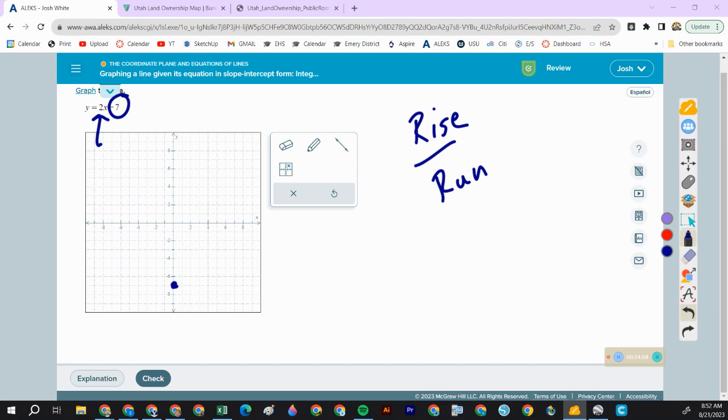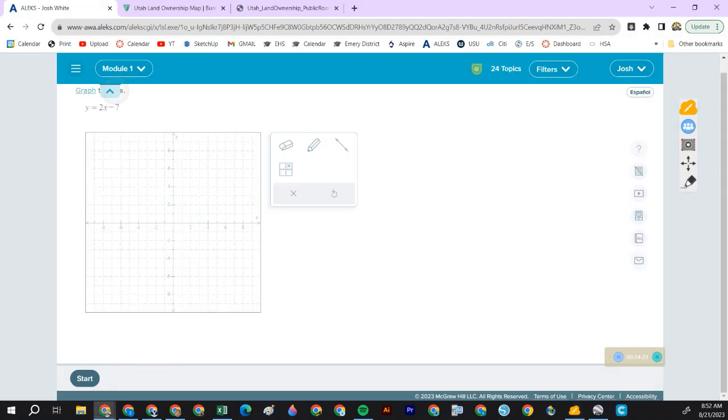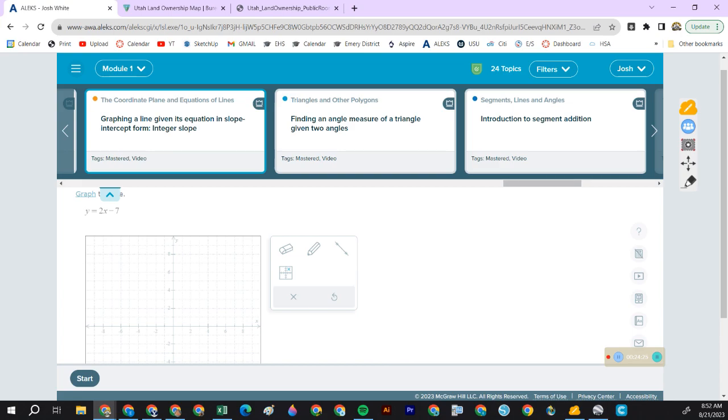If you want to go snowboarding, you have to rise before you can go down the run. Right? So we would put up 2 over 1, and then we just draw the line. Good. -2x would be down 2 over 1.